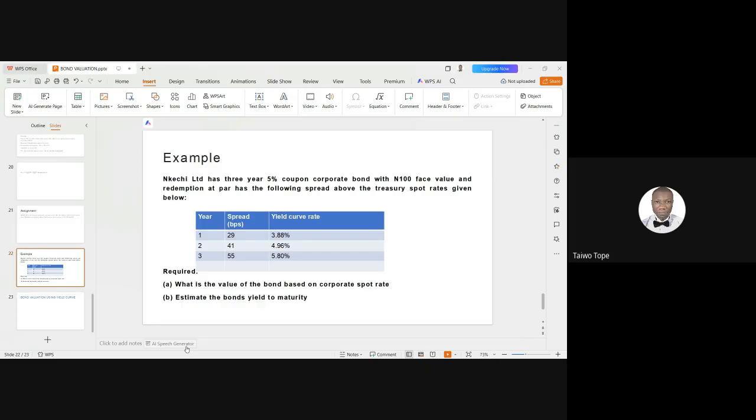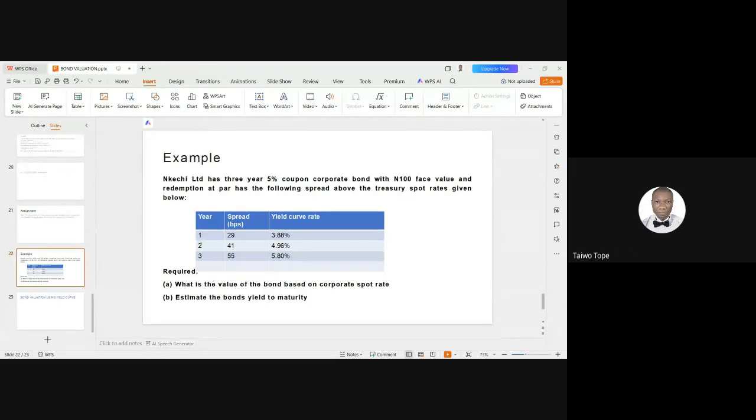So this yield curve rate of 3.88. When you convert 29 basis points to a percentage, in decimal it gives you 0.29. So 0.29 plus 3.88% will give you what?